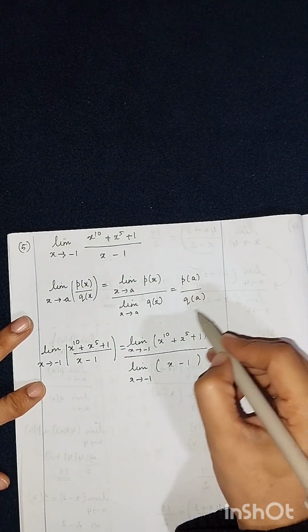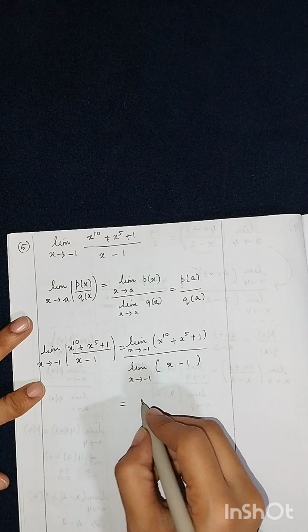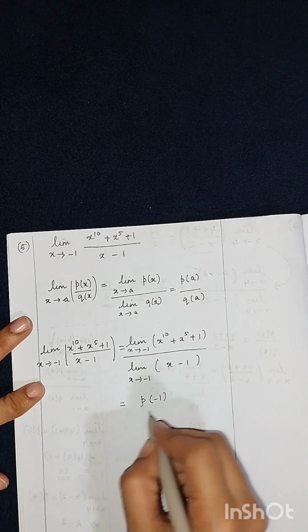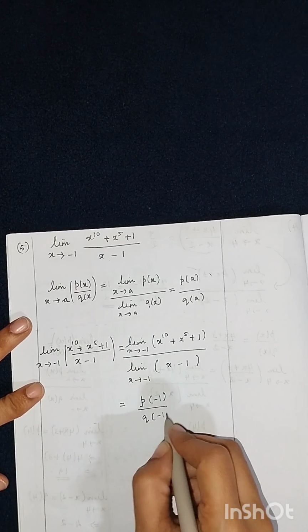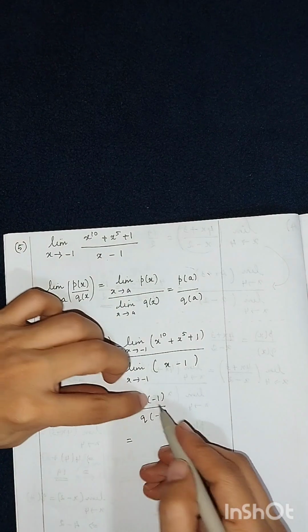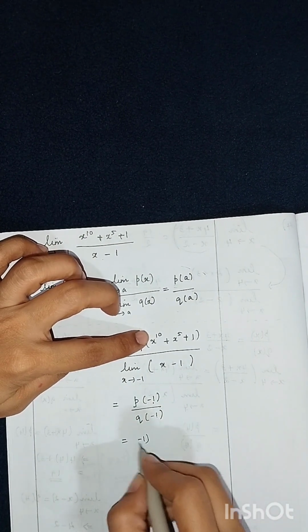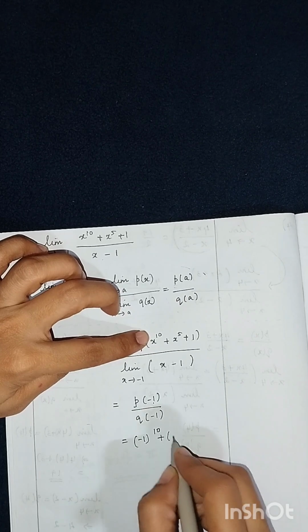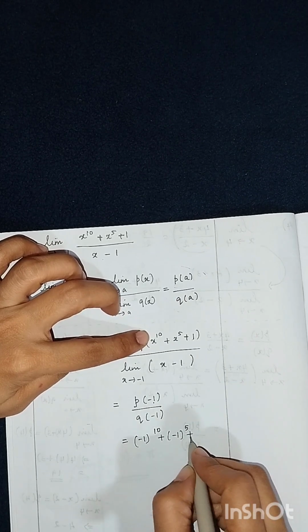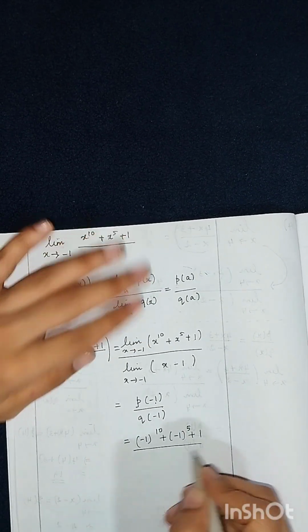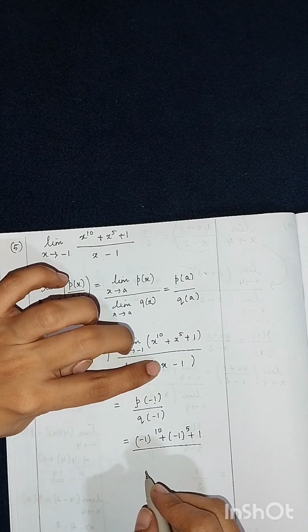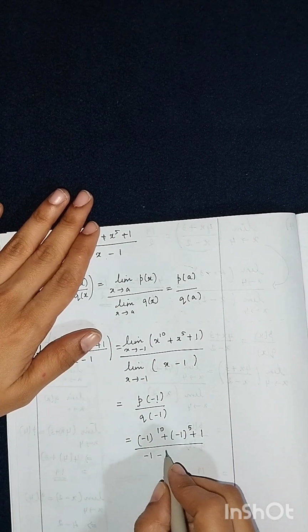Now this step we have to write, that is p of minus 1 divided by q of minus 1. Now substitute minus 1 here. It is minus 1 to the power of 10 plus minus 1 to the power of 5 plus 1, divided by, now substitute minus 1 in the denominator, minus 1 minus 1.